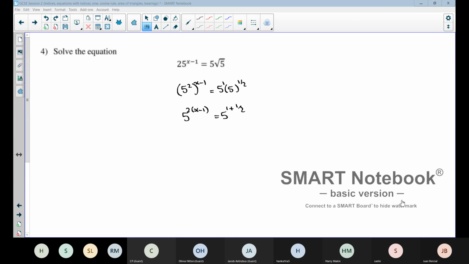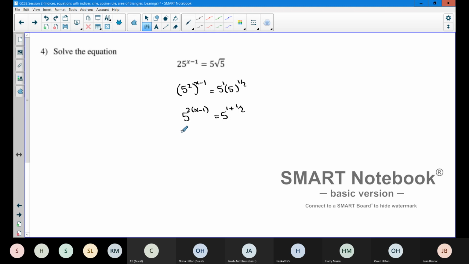So as I said, we've managed to put both sides as powers of 5. So what we can do now is write that the two exponents are the same.